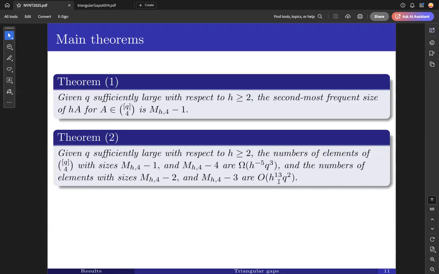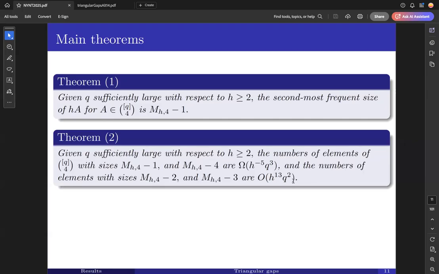Theorem 2 is a bit more technical, but it says again, given appropriate Q and H, the numbers of elements whose H-fold sumsets, I'm missing the phrase, this should say numbers of elements with H-fold sumsets of sizes M sub H minus 1 and M sub H minus 4 are at least something times Q cubed, and the numbers of elements with H-fold sumsets of sizes M sub H minus 2 and M sub H minus 3 is bounded above by Q squared.